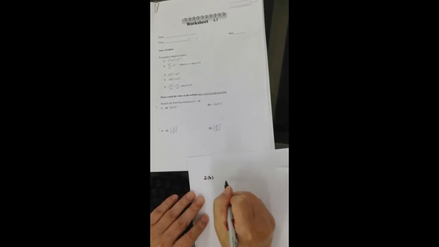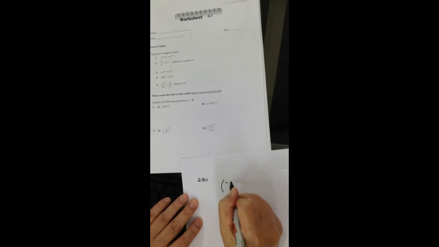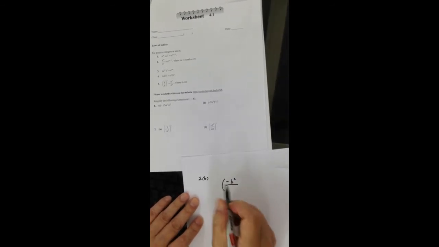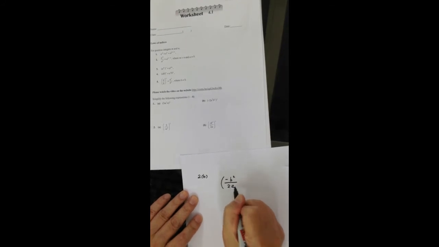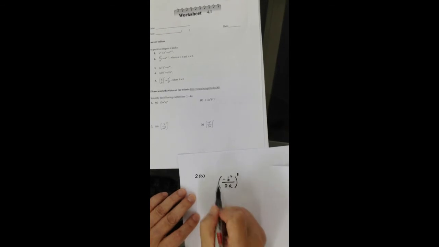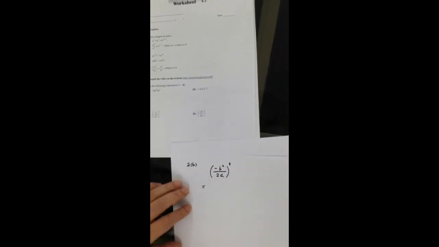To do question number 2b. It is quite similar to the last question, 2a. There is a negative sign, a number 2, a number a, and then a small bracket to the power 3. Now, I won't ask you anymore. I will do it myself, and you can watch what I am going to do.